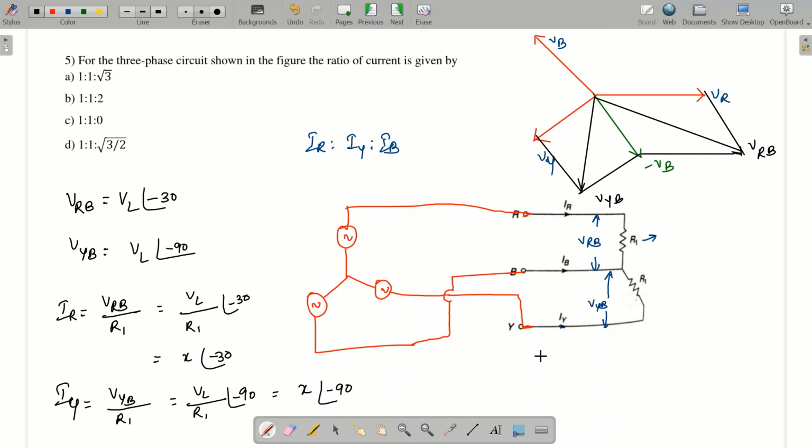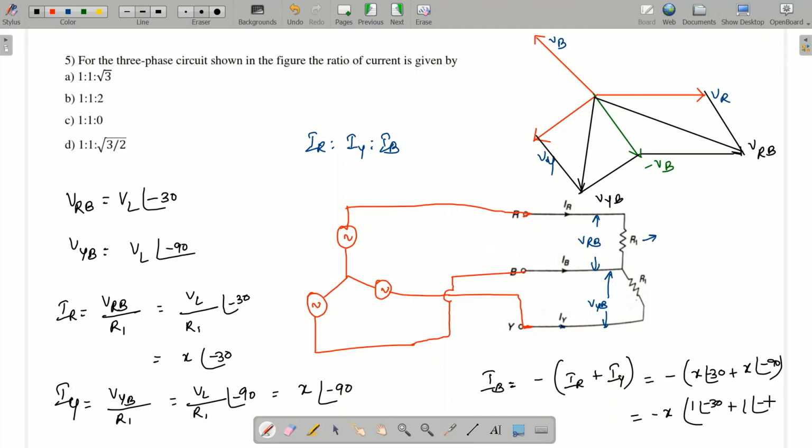Now, IB equal to minus of IR plus IY, which will be minus x at an angle of minus 30 plus x at an angle of minus 90. So what you will get: minus x times 1 at an angle of minus 30 plus 1 at an angle of minus 90.